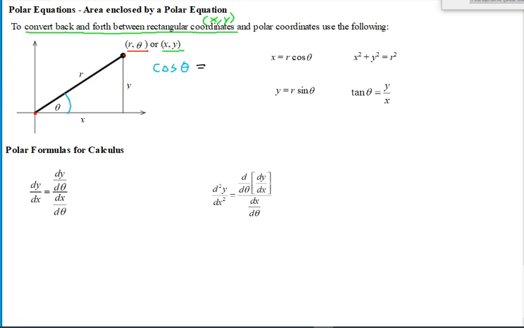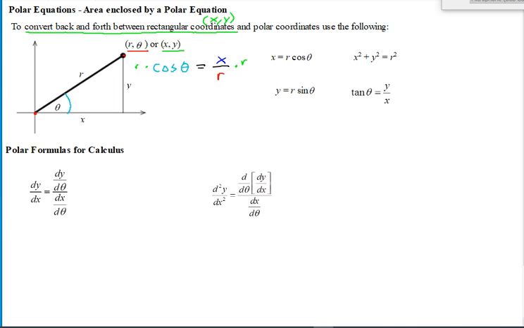So that would be x over r. And then the way you can go from this to this form of this equation is just multiply both sides by r. And you can see the r's would cancel out, giving you x equals r cosine theta. That's where that conversion comes from.